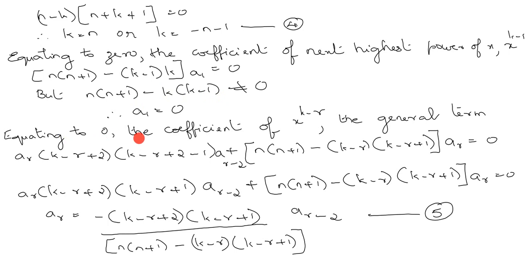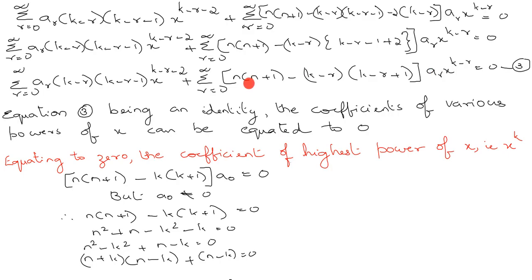Now equating to 0 the coefficient of x raised to k minus r, that is the general term. In order to obtain that, the second term already has x raised to k minus r, so we can write its coefficient directly. But in the first term, in order to obtain the coefficient of x raised to k minus r, we need to put r is equal to r plus 2.